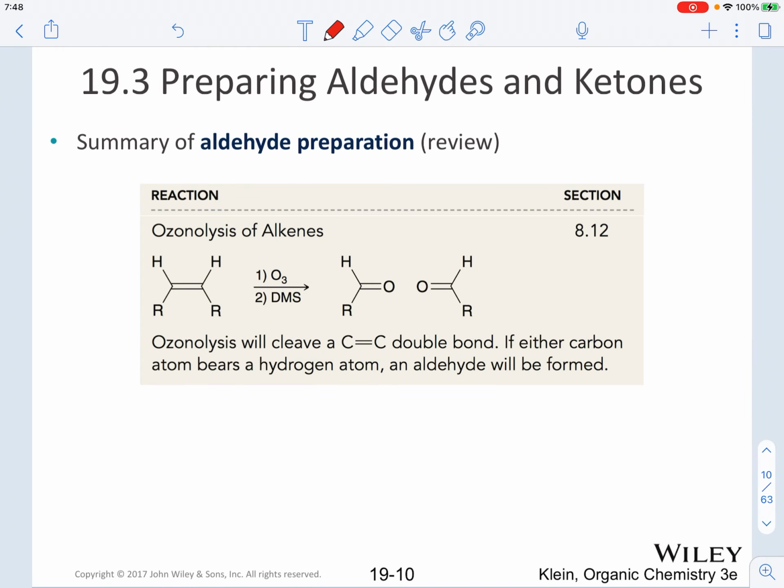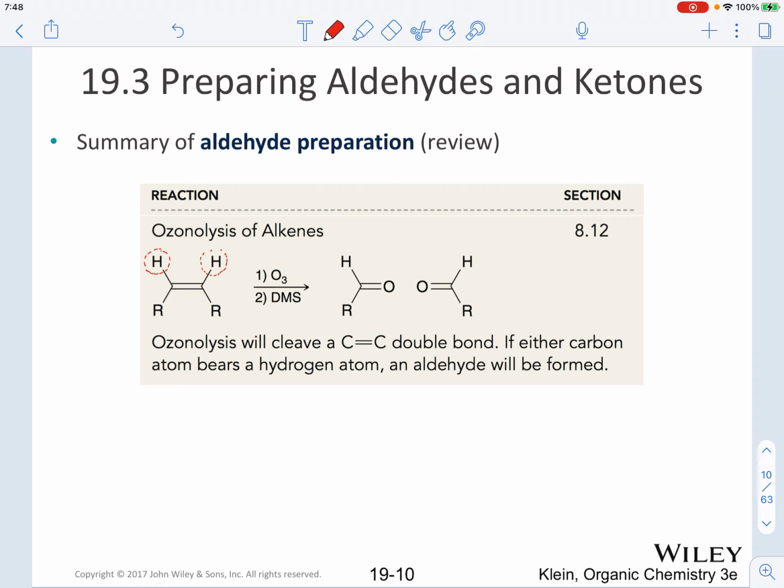Another way in which aldehydes can be prepared from specifically an alkene is by the molecule undergoing ozonolysis. But if ozonolysis is utilized, remember that the aldehyde must be formed if in your alkene you have vinyl hydrogens, meaning that directly on the carbon-carbon double bond, we must have hydrogens.